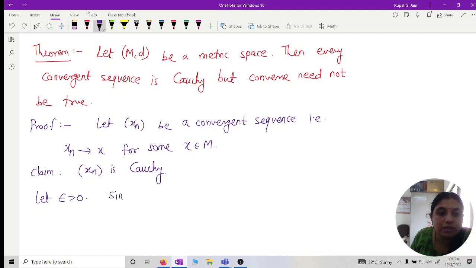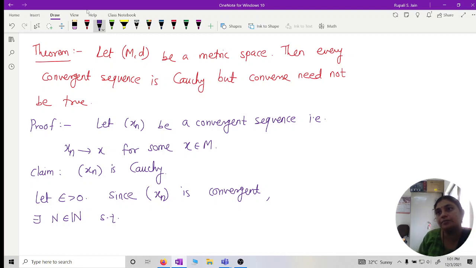Let epsilon be greater than 0. Since xn is convergent, what can I say? There exists a natural number N such that the distance between xn and x is less than epsilon for all n greater than or equal to N, right?